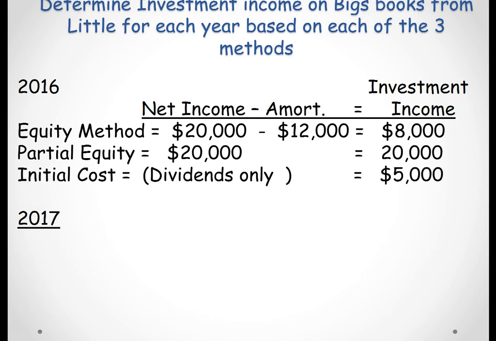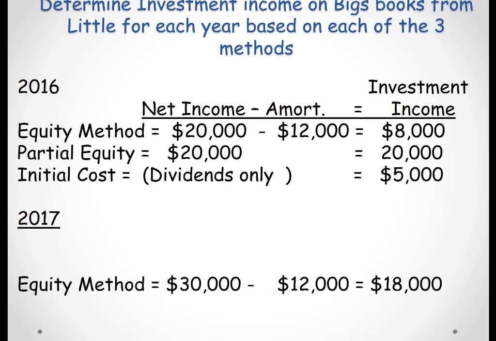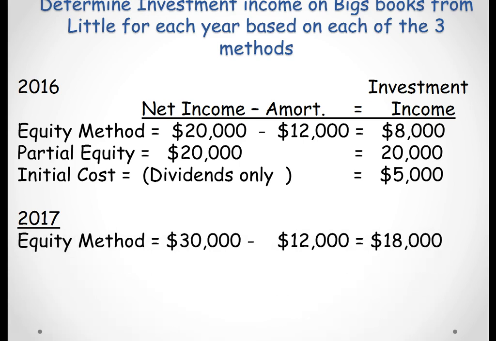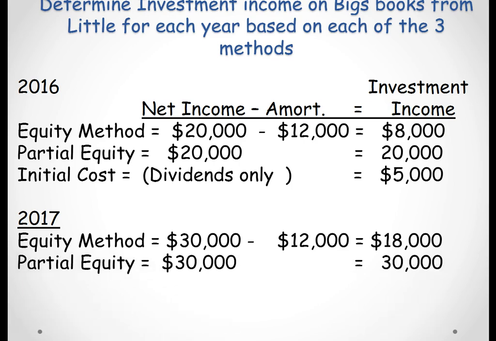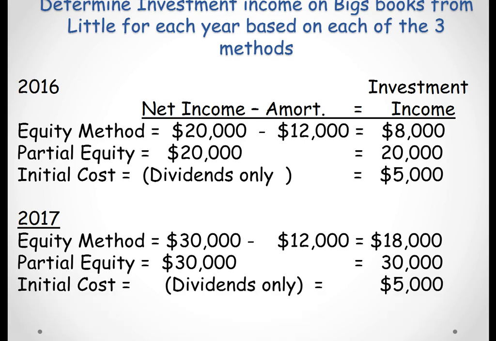And under the initial value method, we would use dividends because dividends would be the only thing that would be reported as income. For 2017, again, it would be the income minus the amortization. And then on the partial equity, we would add 30,000. Under the initial value method, again, we would have only added 5,000 to the parent's income.